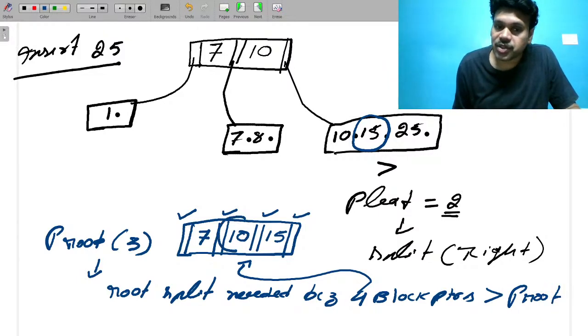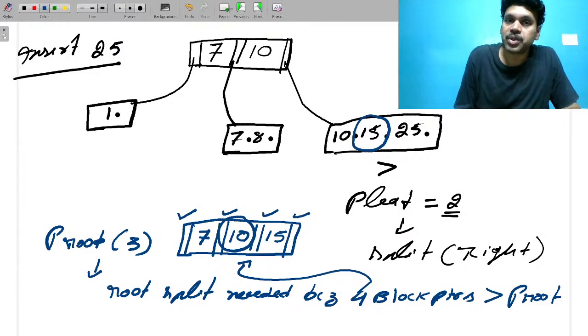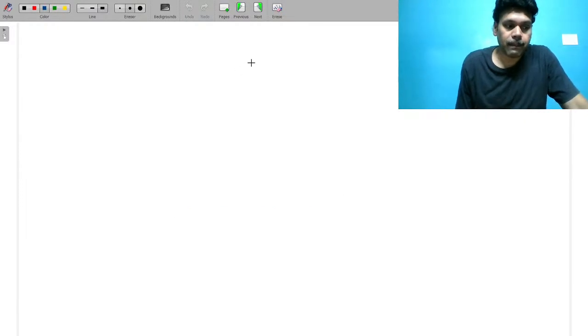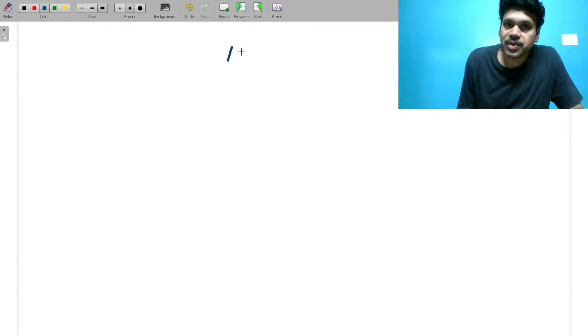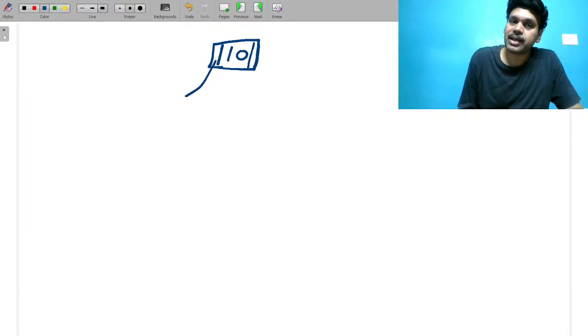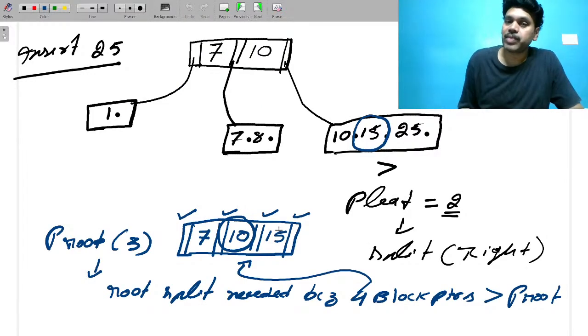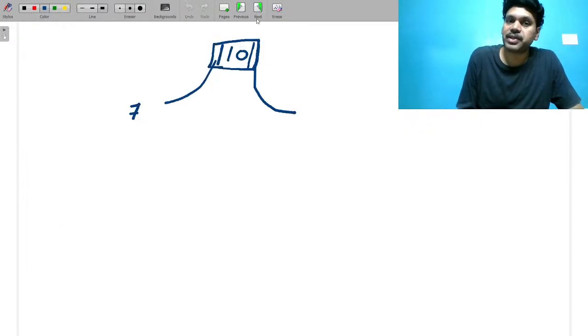The middle element is going to go up. So 10 is your main root, which has got 2 block pointers. Left hand side, see that there is one node called 7, and there is another node called 15.